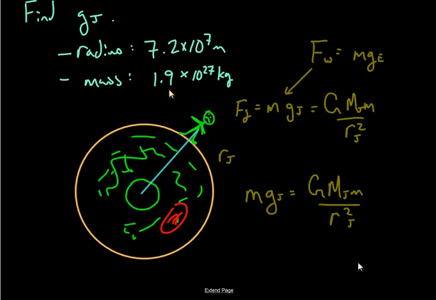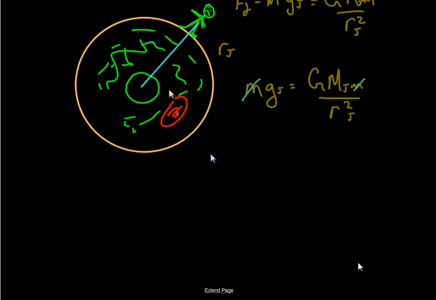So the first thing we can do is cancel out what is irrelevant. So divide m off both sides, you get that. So if you want to know what g is on Jupiter, let's sort it out. Our value for G, the universal gravitational constant, is 6.67 times 10 to the negative 11, and the units are newton meters squared per square kilogram.